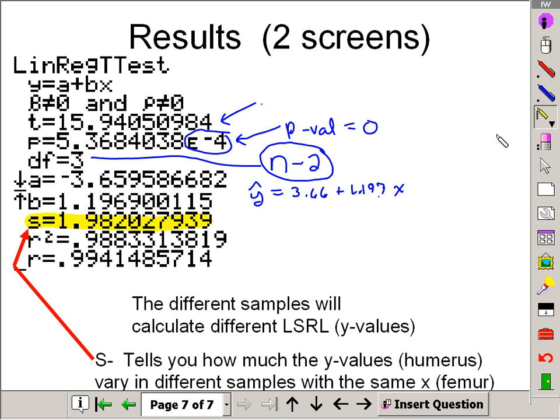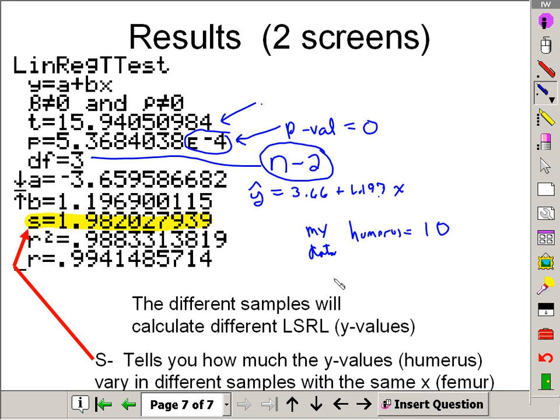This value is more or less saying what possible error we might see in y. For instance, we might take the same femur length, and with my data, I might get a humerus length of 10.